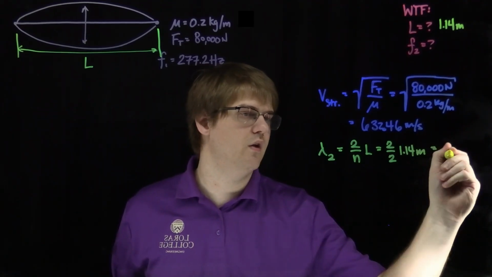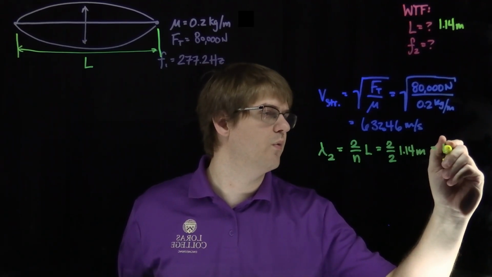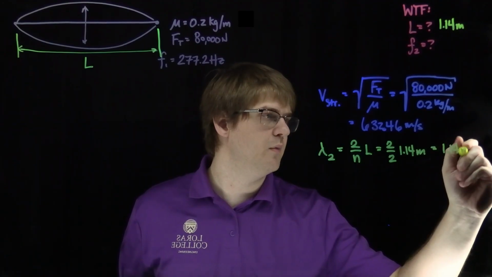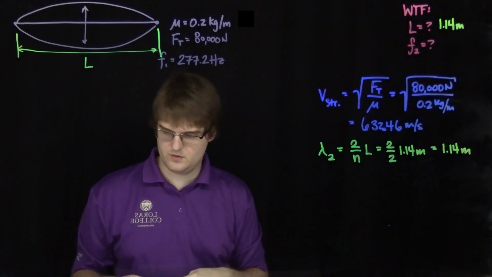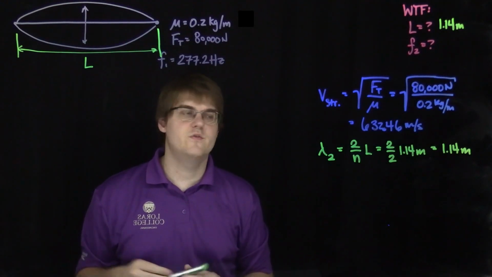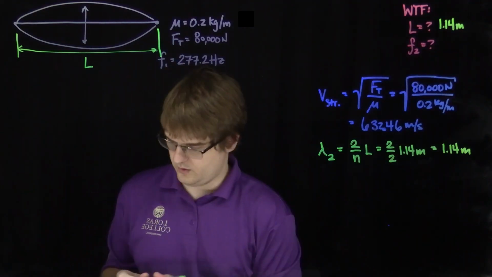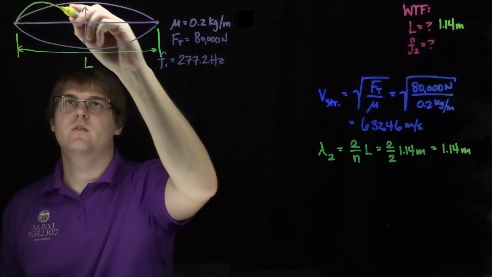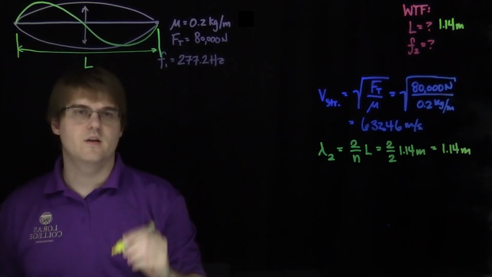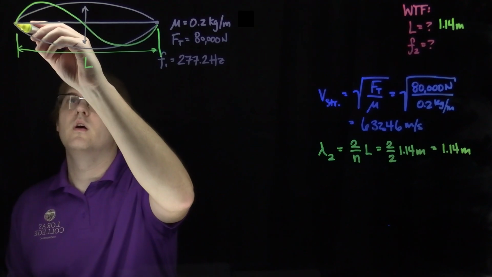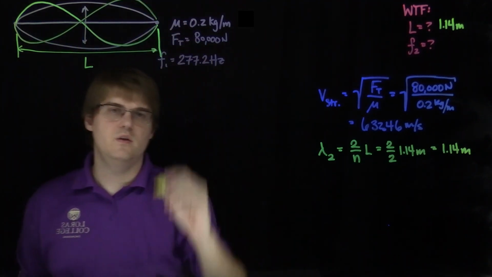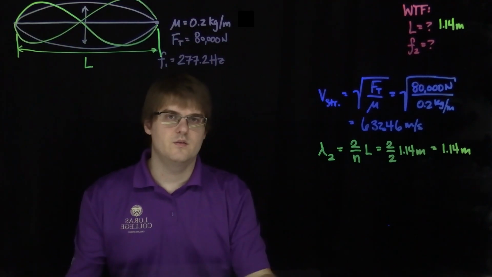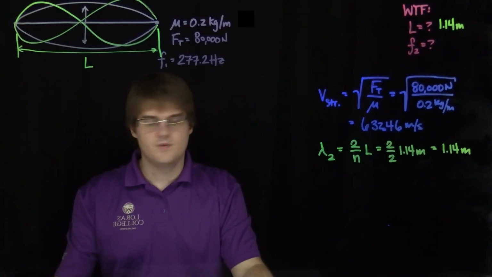That should give me an overall value for my wavelength of 1.14 meters. And then we'll go ahead and draw that up quick. So that is a wave that's going, instead of like that, a wave that's going like so. I'll do both sides of the piece. So that is my second harmonic.